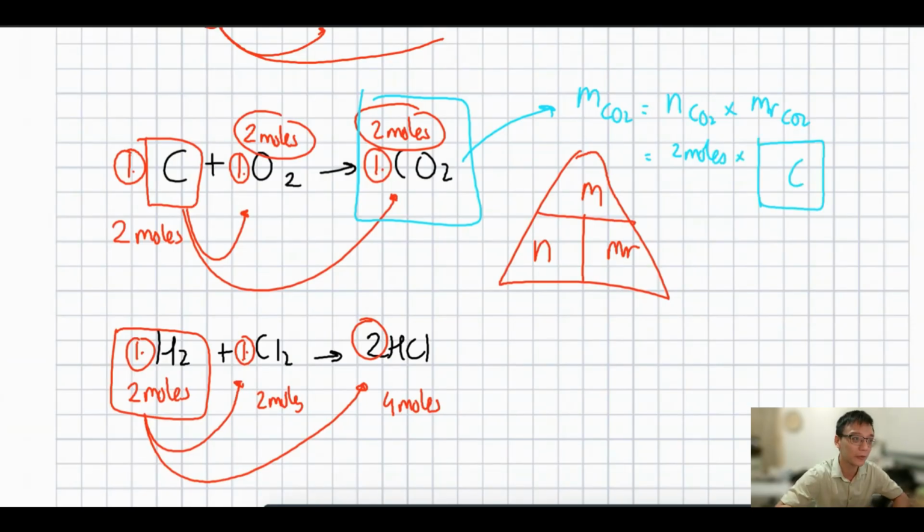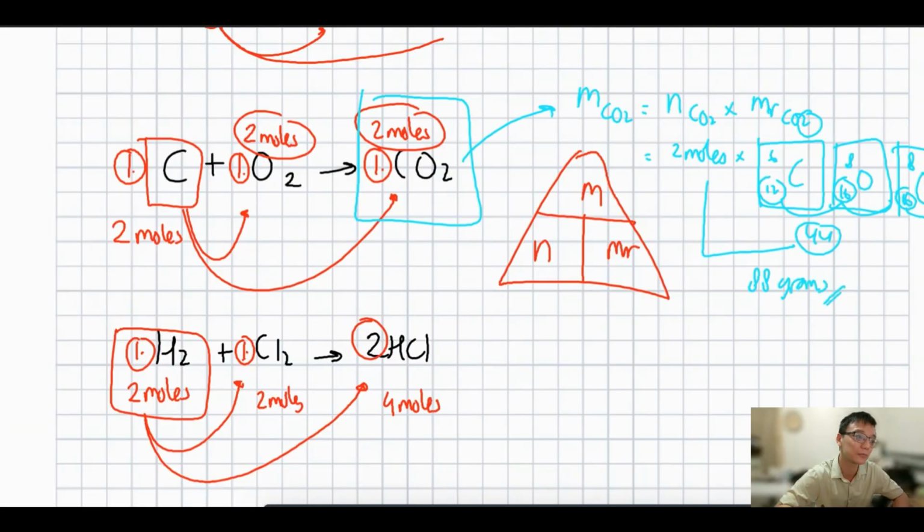The Mr of carbon dioxide will be, so carbon 12 and oxygen 16. But since we have 2 oxygens, we have 1 more. We add everything up, we get 44. So 2 multiplied by 44, we get 88 grams. So this is the mass of carbon dioxide produced from 2 moles of carbon, or 24 grams of carbon.